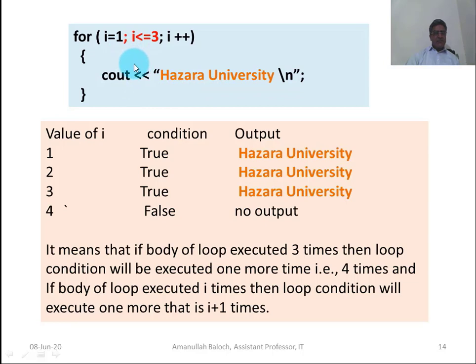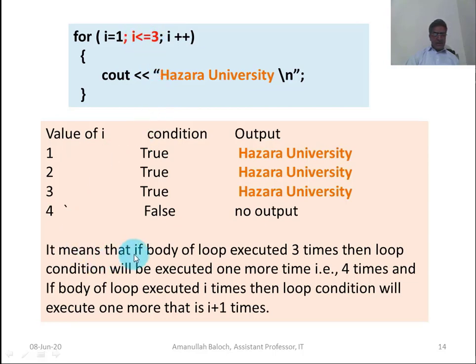This thing we will discuss in our insertion sort algorithm: the test condition is executed one more time than the number of times the body of the loop is executed. That is, if the body executed 3 times, the test condition will be executed 4 times, and if the body executed 8 times, the test condition will be executed 9 times.